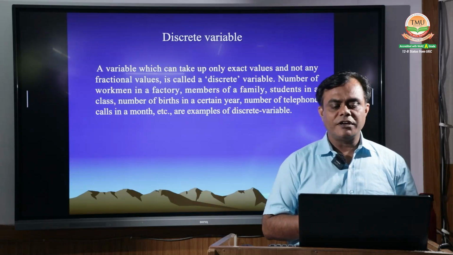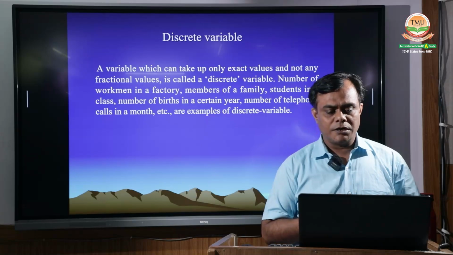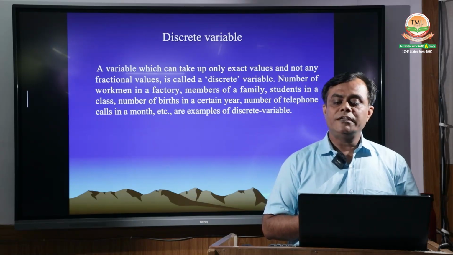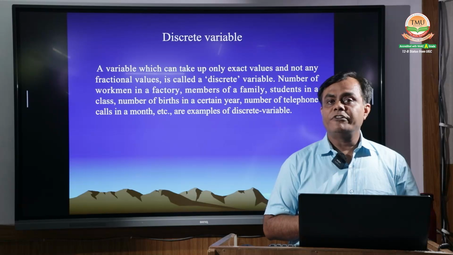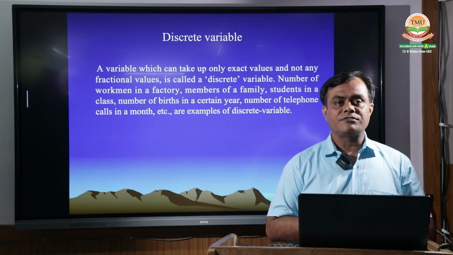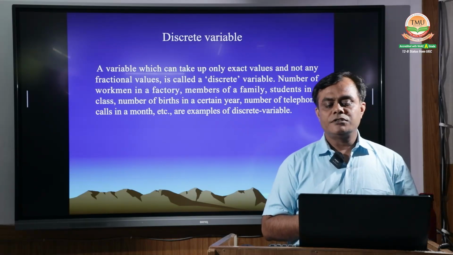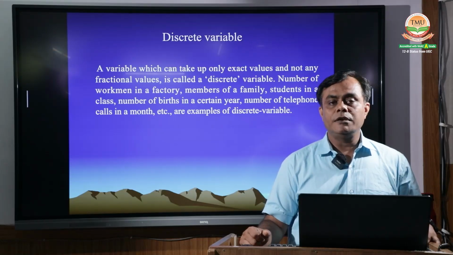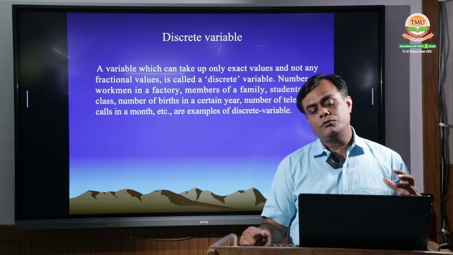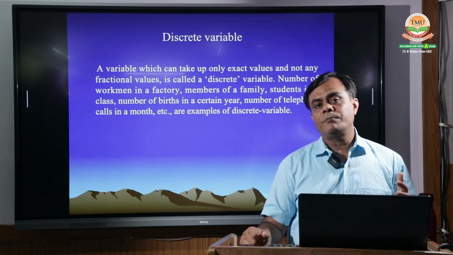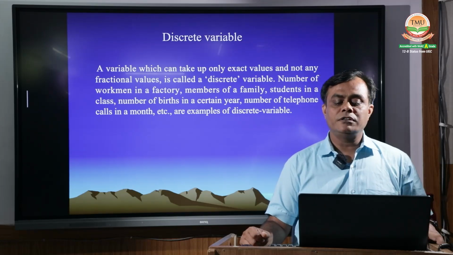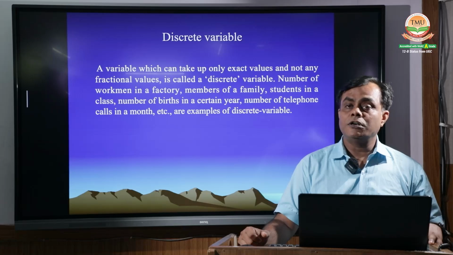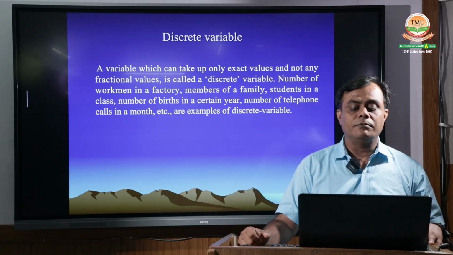So here, the discrete variables. Discrete variables can take only exact values and not any fractional values. Examples are the number of workmen in a factory, the number of members in a family, the number of students in a class, the number of births in a certain year, or the number of telephone calls in a month.